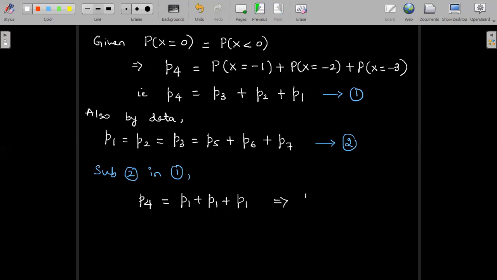So this gives P4 is equal to 3 times P1. Let me denote this by equation 3 for convenience.